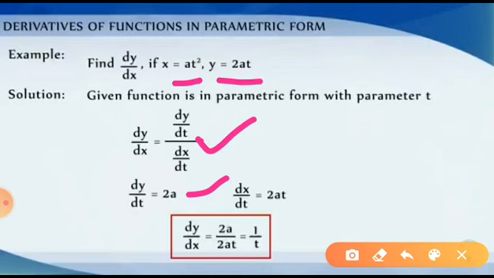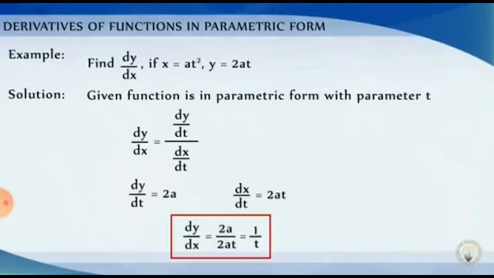Dy by dx is dy by dt by dx by dt, so I get dy by dx as 2a by 2at. After simplification, we get the answer as 1 by t. It is simple. Just check whether the given function is in parametric form, then first take the derivatives with respect to the given parameter and then find your required answer.